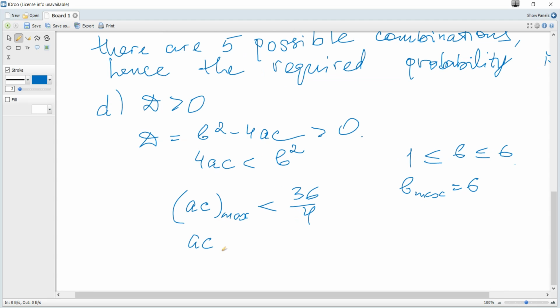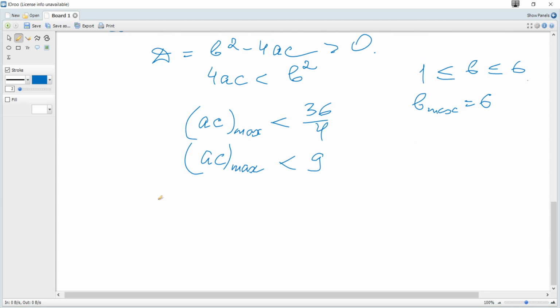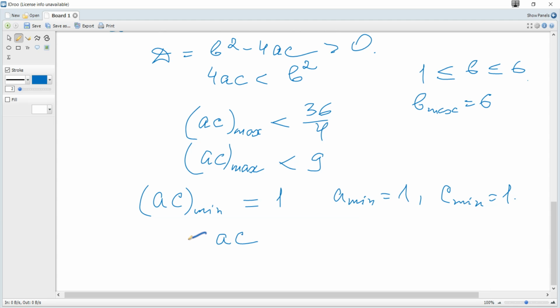So AC maximum is strictly less than 9, but the minimum value of AC is 1, because the minimum value of A is 1, and the minimum value of C is also 1. Hence, a product of AC can be greater or equal than 1 and less than 9.